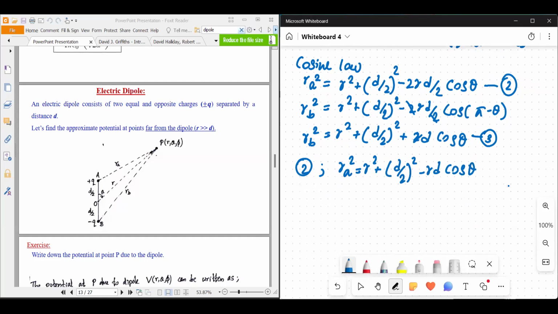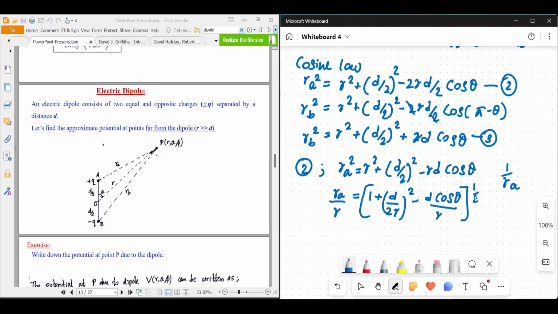Now I want to find 1 over RA, so I will divide all these terms by R squared, and then I'll take RA over R. So RA over R is equal to (1 plus (D over 2R) squared minus D cos theta over R) to the power half.